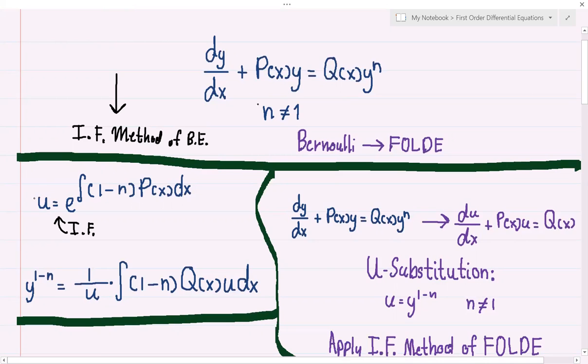First is getting the integrating factor in a given Bernoulli equation. So you have u is equal to e raised to the integral of quantity 1 minus n times p of x. Your n here is basically the exponent of your y, which is partnered with your q of x. That's how you find your integrating factor.